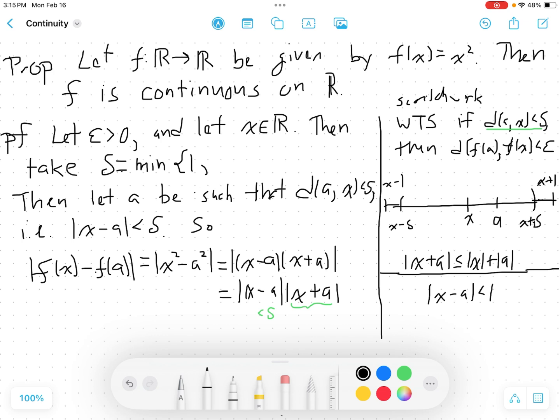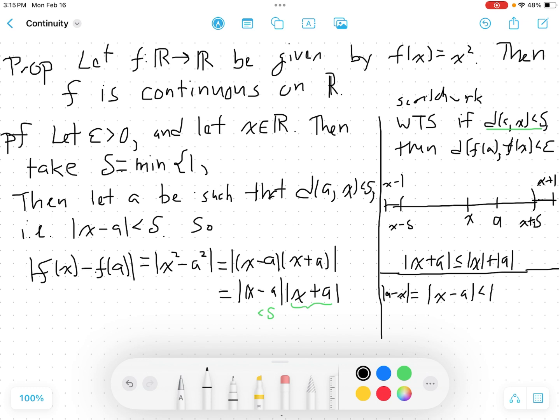We can, though, take this statement here and try to rework it using something that's known as the reverse triangle inequality. As I'm looking at this, I think I am going to flip and say that this means that a minus x is also less than 1, just to make our lives a little bit easier.